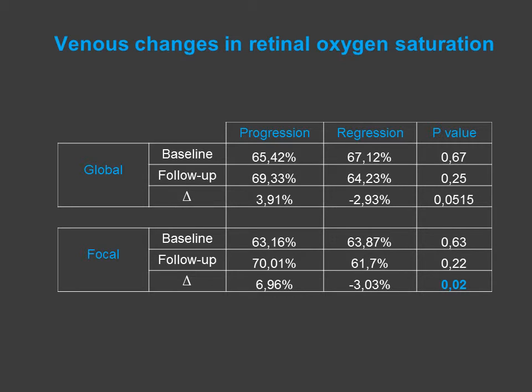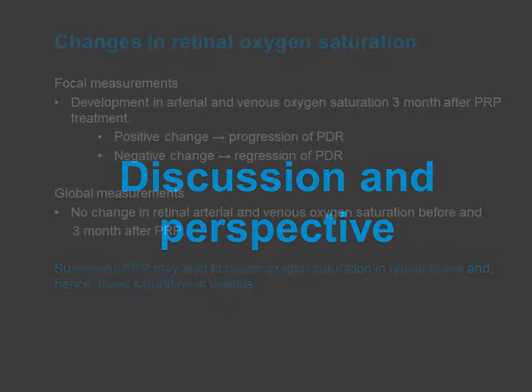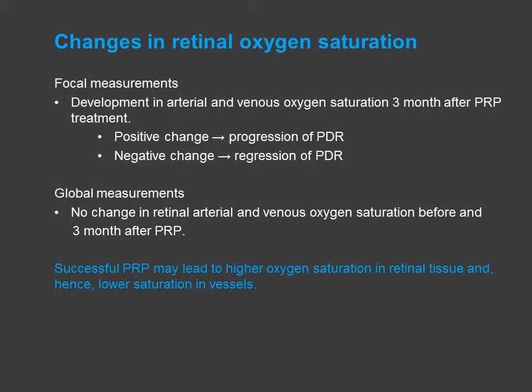If you look at the venous, we have the same picture, maybe a small trend on the global side, and the same statistically significant value at the focal. And perspective, just to see what these results show us.